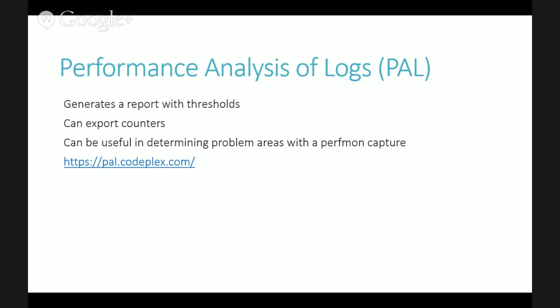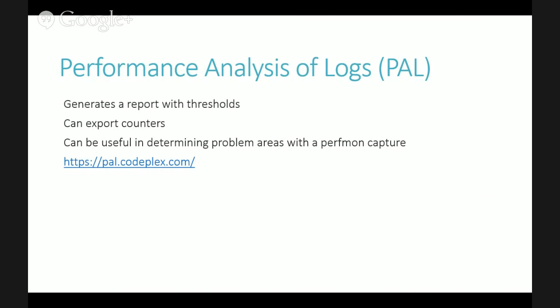There's a tool called PAL, Performance Analysis of Logs. You can run PAL against your BLG file that was created from your data collector set, and it'll give you recommendations. You don't have to follow all of them, because some might be subject to what was going on at that time.